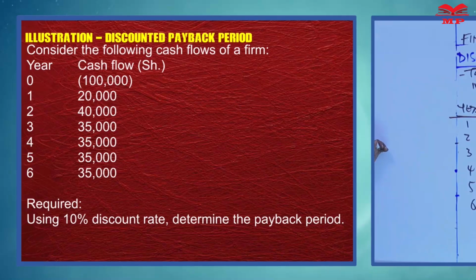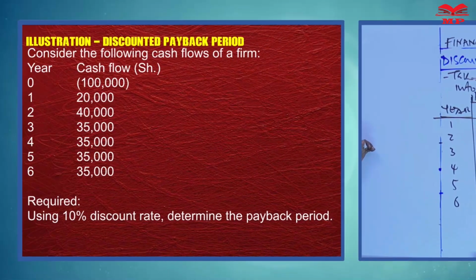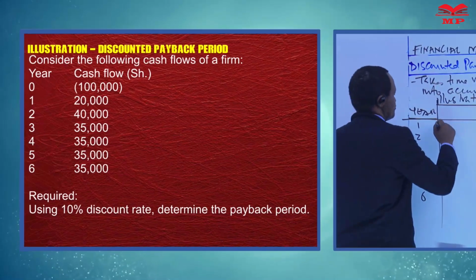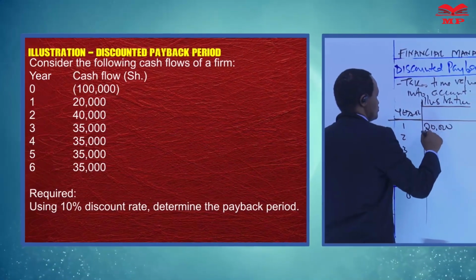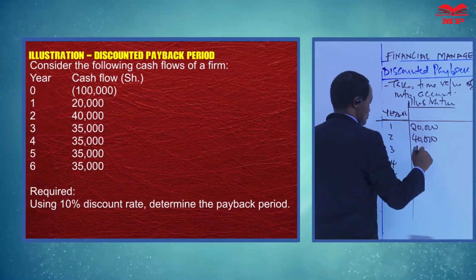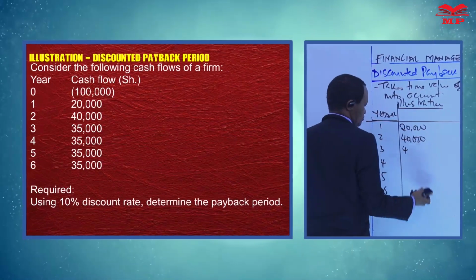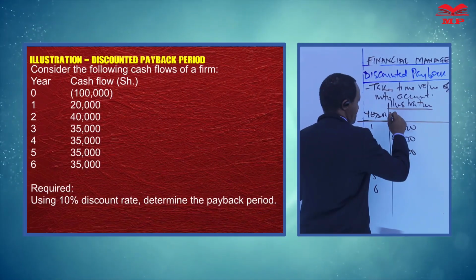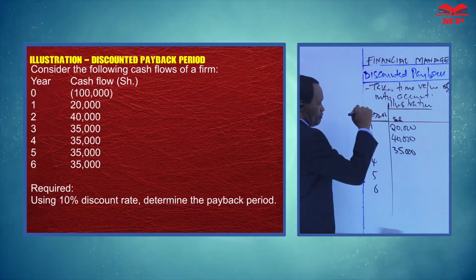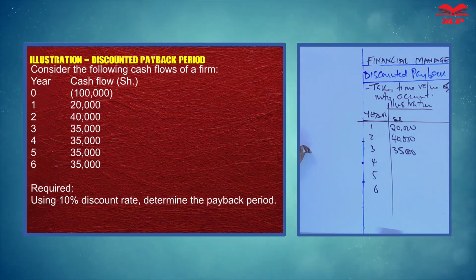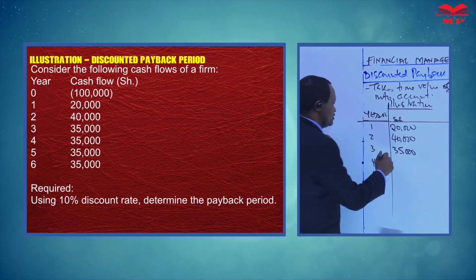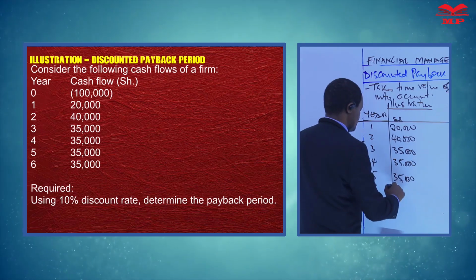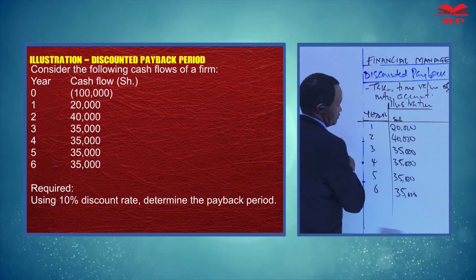Cash flows: 20, 40, 35, $35, $35, $35, $35.